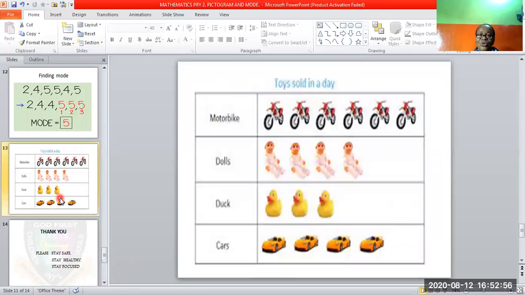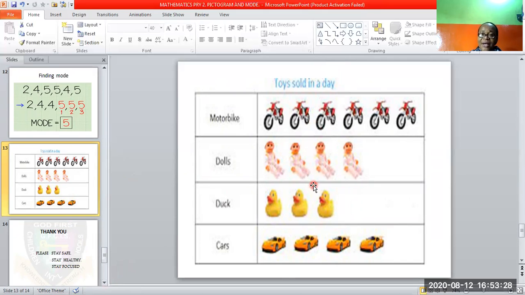And we have said also that it is very easy to read and understand the mode from the pictogram. From the pictogram, we can see how far we have gone because our sales in this example store are represented by these items.